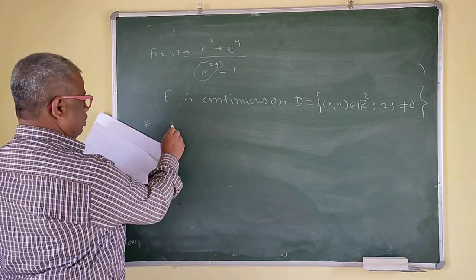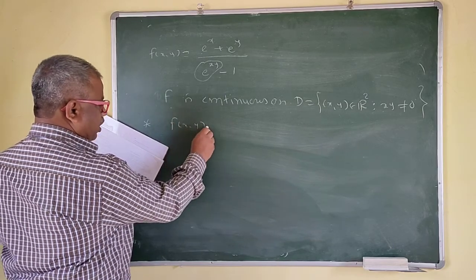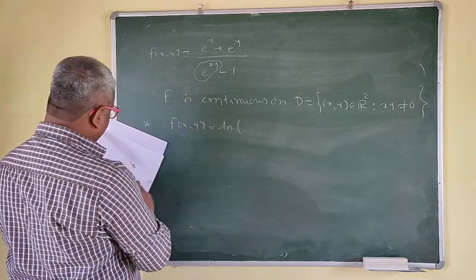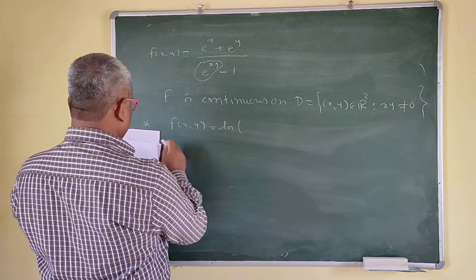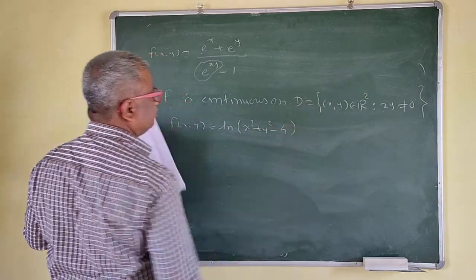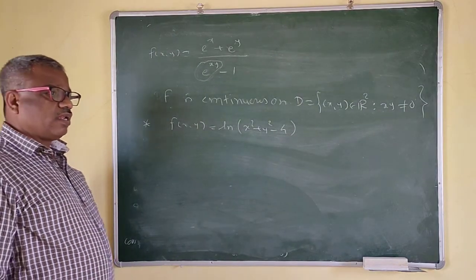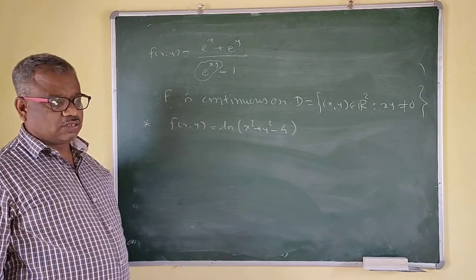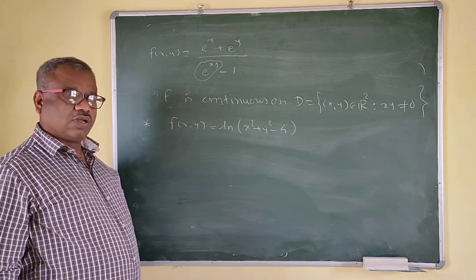Next. f(x, y) = ln(x² + y² − 4). Ln means log. Now you know that the log of 0 does not exist, and the log of a negative number does not exist.